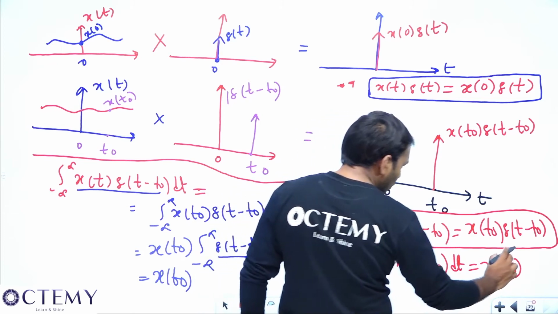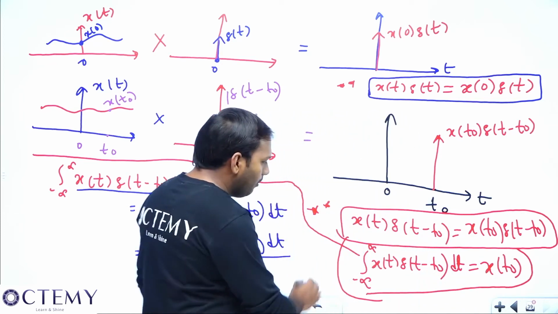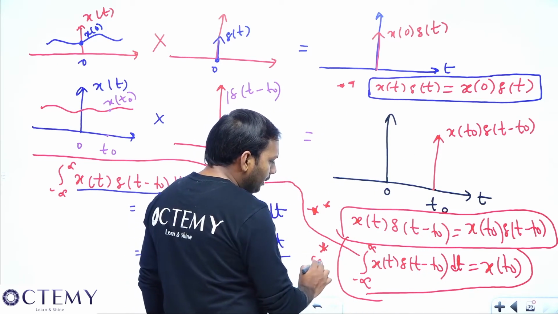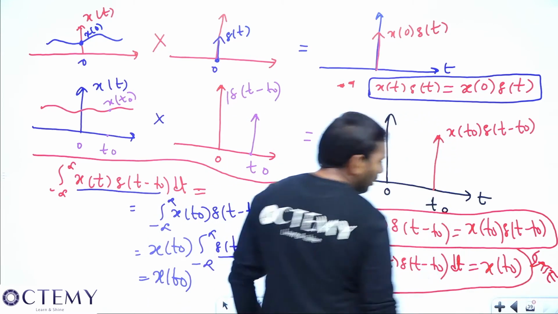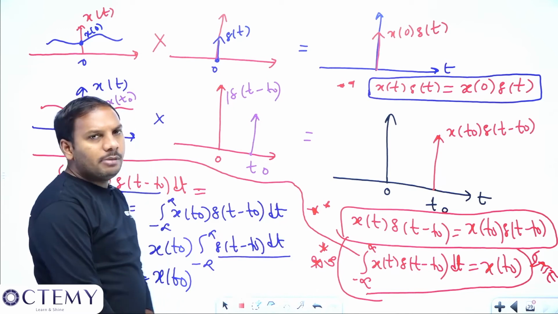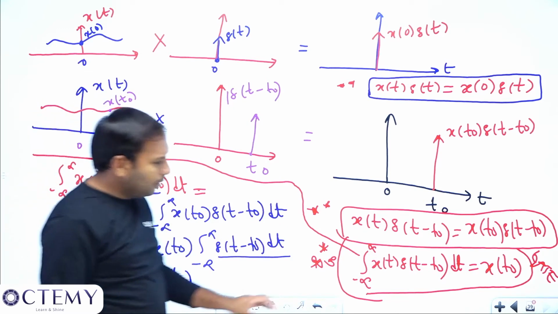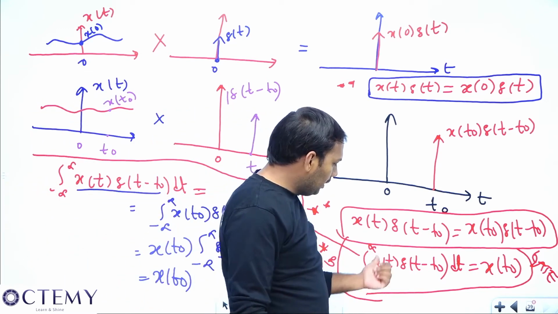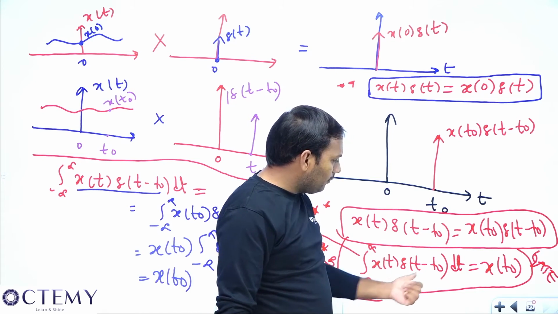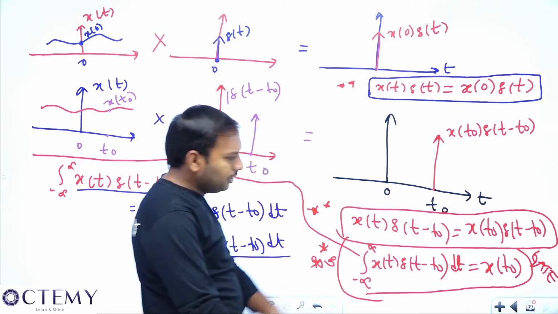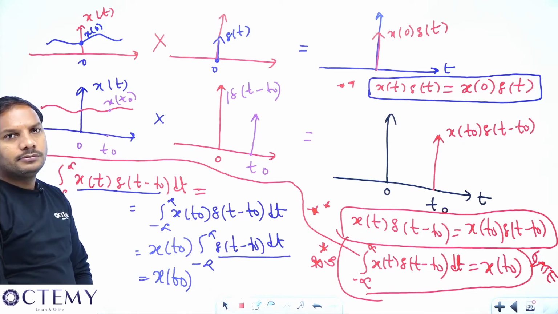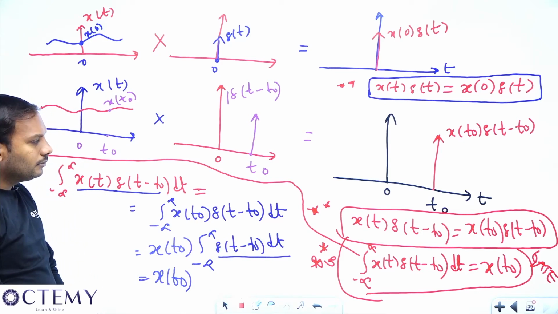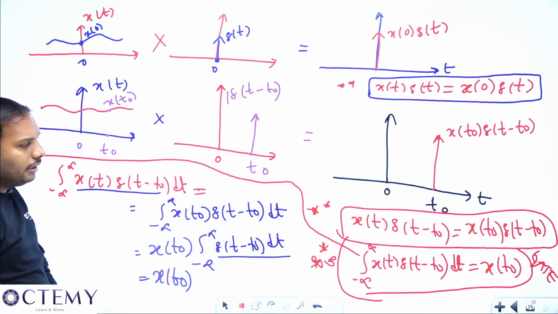This is also one more important formula. Many times in GATE problems this logic was asked, and not only GATE, but competitive examinations and ESE. Many times you get problems on this integral of x(t) delta(t minus t0) dt, which is equal to x(t0). Directly you can write the answer.